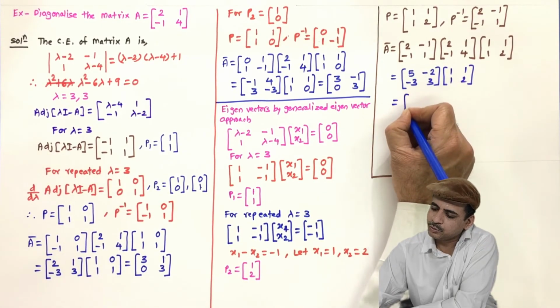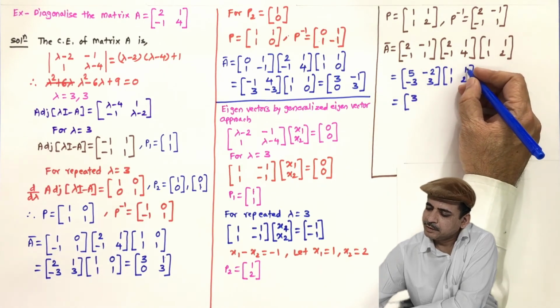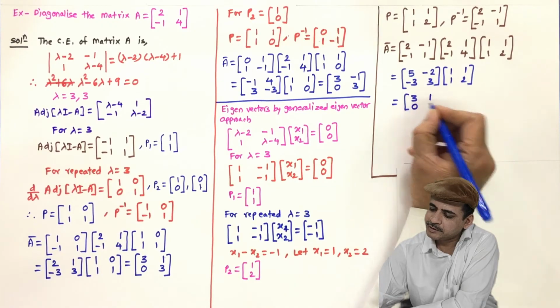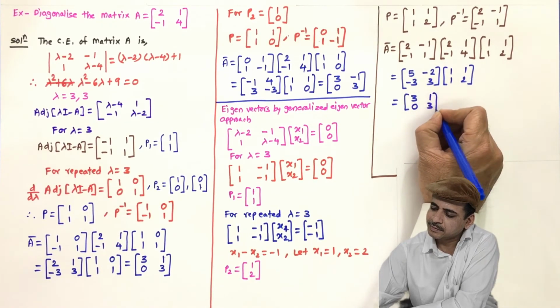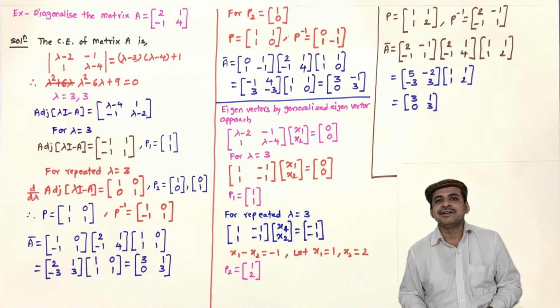So this is equal to 5 minus 2 is 3, 5 minus 4 is 1, minus 3 plus 3 is 0, and minus 3 plus 6 is 3. So this is as expected.